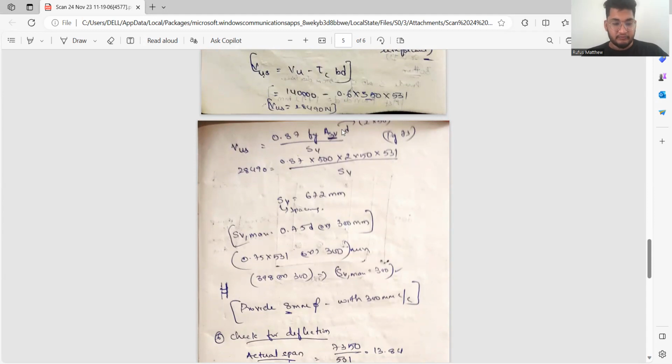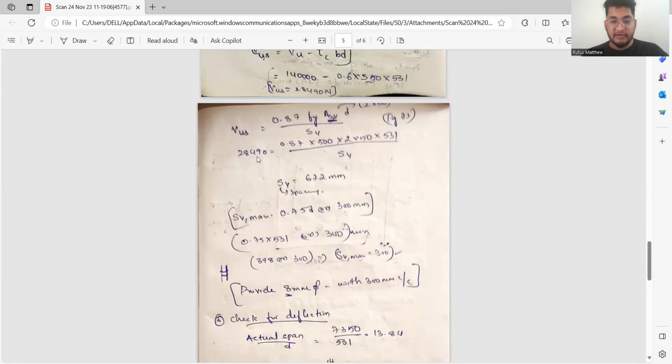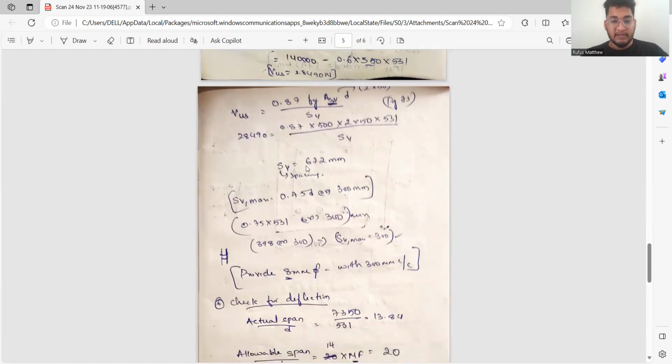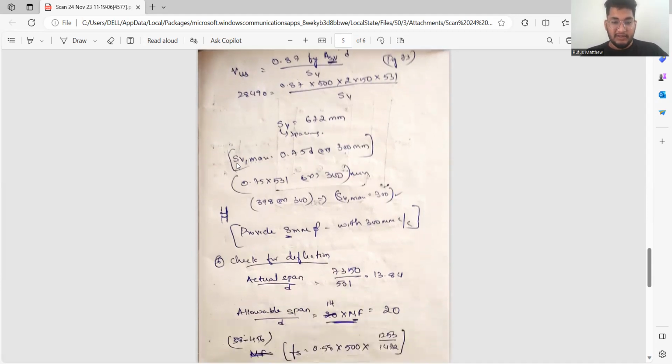SV is the formula in which we will substitute the VUS value we got. So then we will substitute the other values, 0.87 into Fy, which is 500, and then into 2 into 50 into 531 by SV. We don't know the spacing, so spacing we will find out. We got the spacing as 672. Then spacing max equal to, this is the formula, either it is 0.75 D or 300.